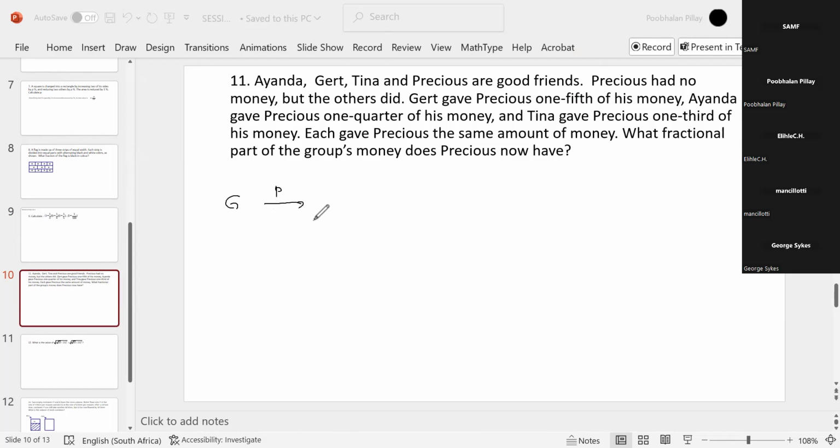It's nice to draw a picture so you have an idea. He gave Precious 1/5 of his money. So we've recorded the first piece of information. Ayanda gave Precious, again the same person, 1/4 of his money.